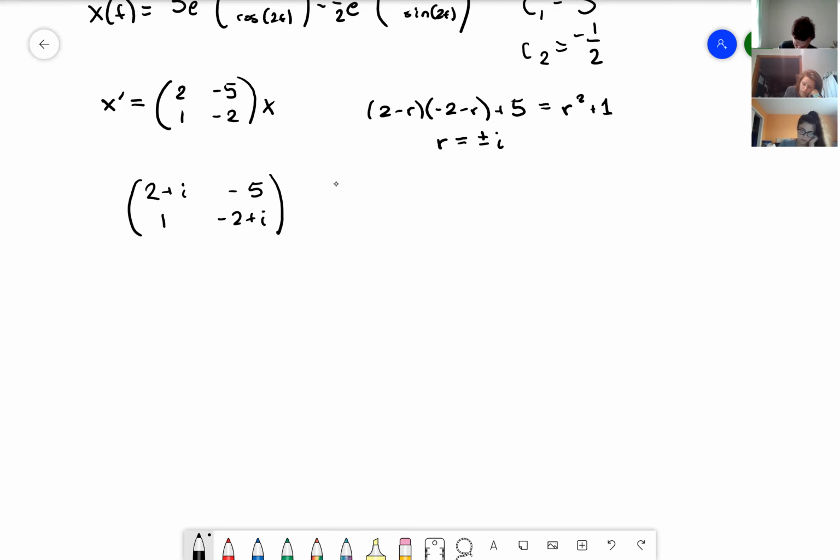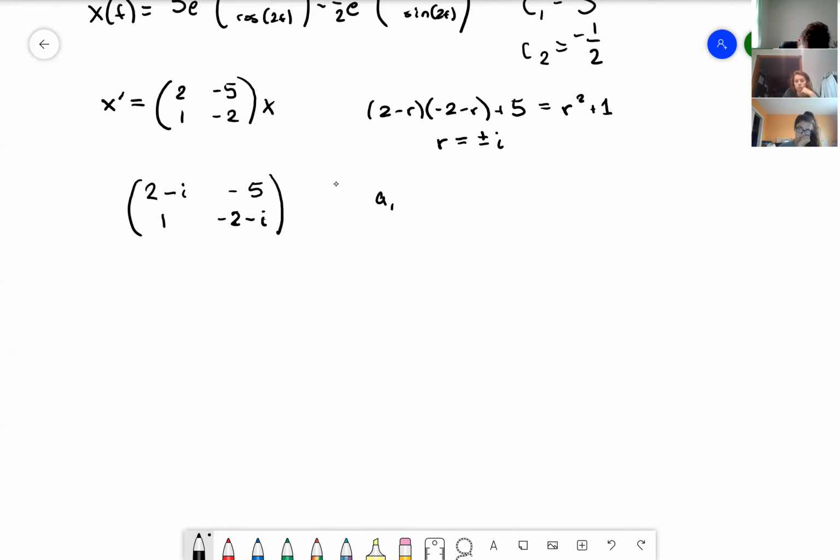And really, I only need one of these rows. Actually, I changed my mind. Go with minus i, so this will be subtracting positive i from the diagonal. This bottom one, what do we get?